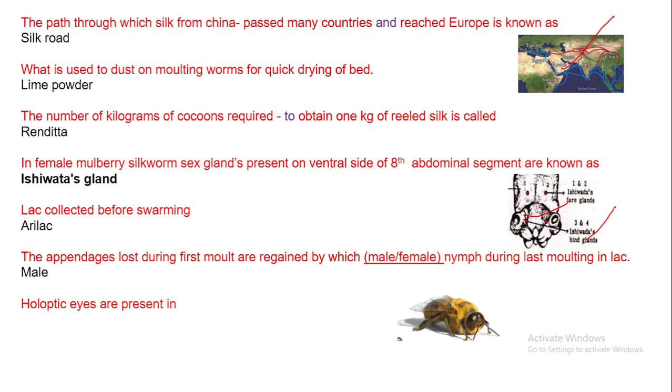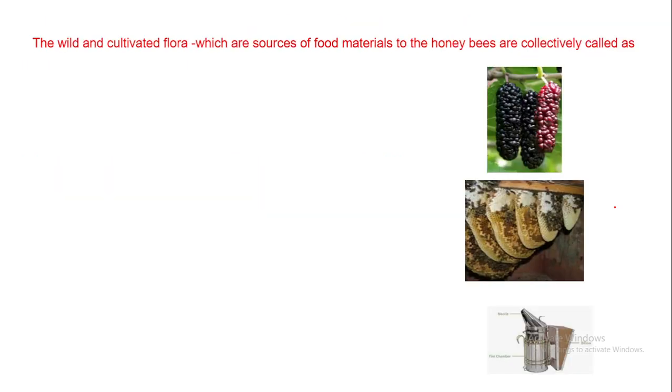Holoptic eyes are present in drone honeybees. Cooling of the colonies by the bees is done by fanning of the wings. The wild and cultivated flora, which are the source of food material to the honeybees, are collectively known as bee pasturage, bee forage or bee flora.